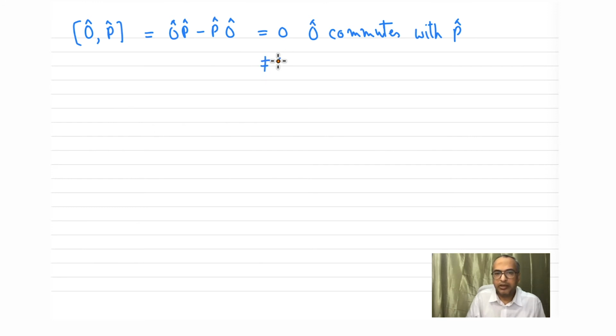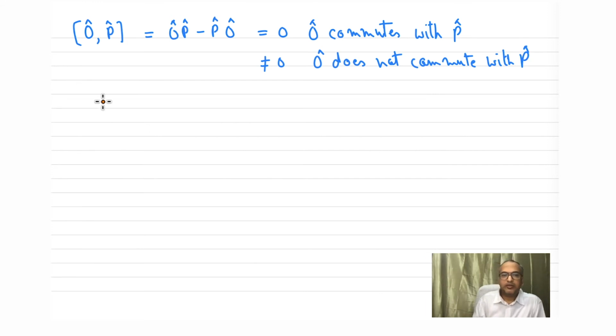If this does not go to 0, we say O does not commute with parity.